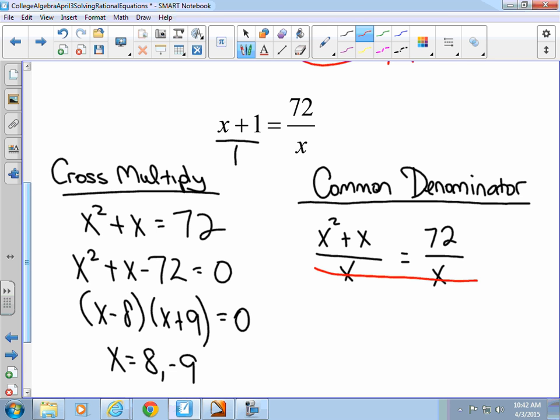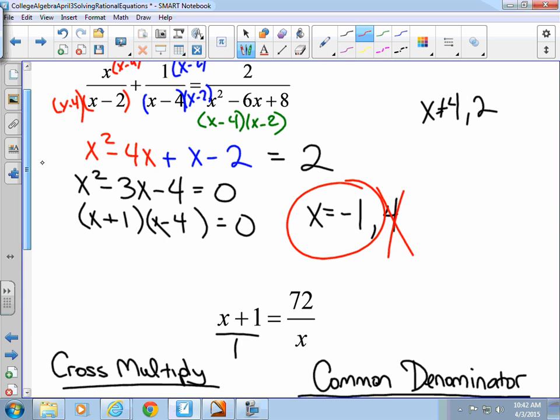Now, let me tell you when cross multiplication is good and when it's not good. Everyone listening, because this could be helpful for you. If the two denominators have nothing in common, you might as well cross multiply, because that's what you're going to end up doing anyway. You're going to multiply the left by the right-hand fraction and the right by the left-hand fraction. So if there are no common factors, the 1 and the x have nothing in common, just cross multiply.